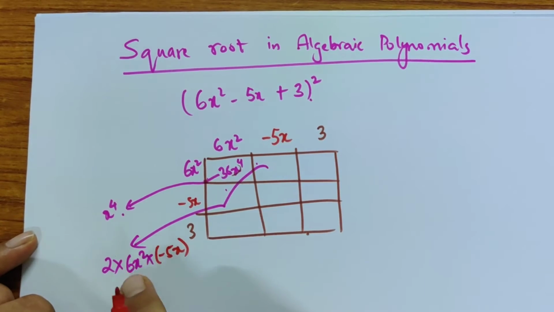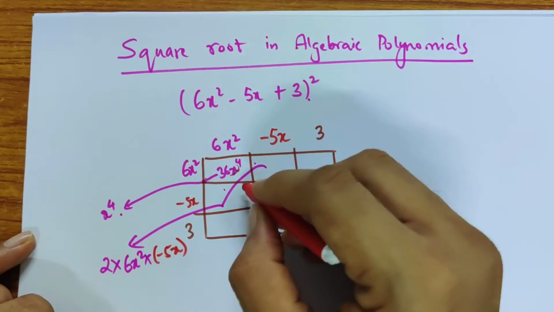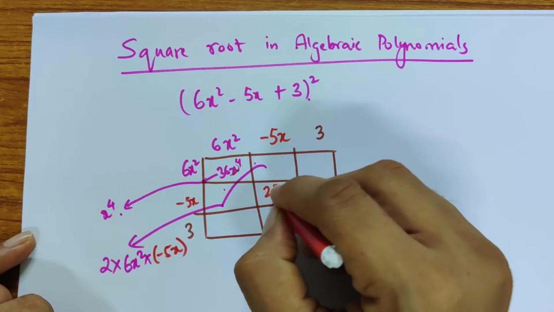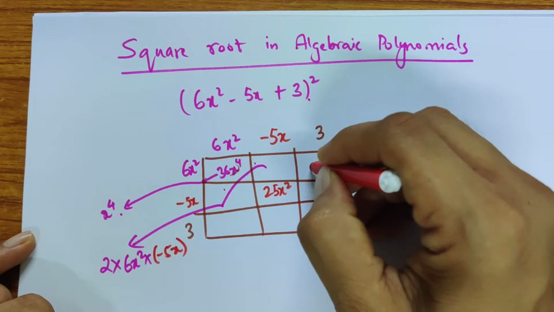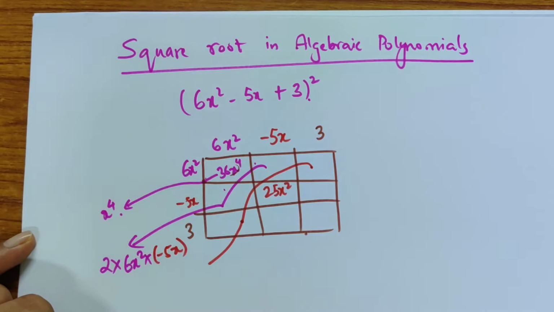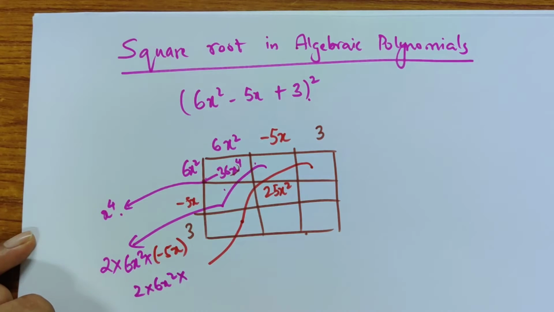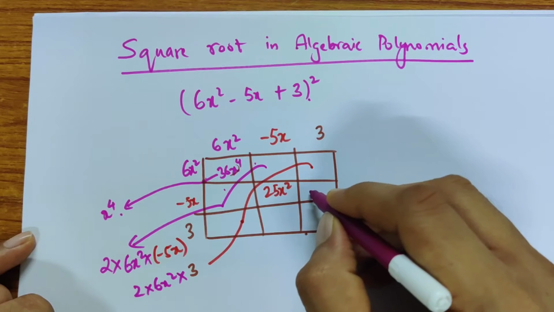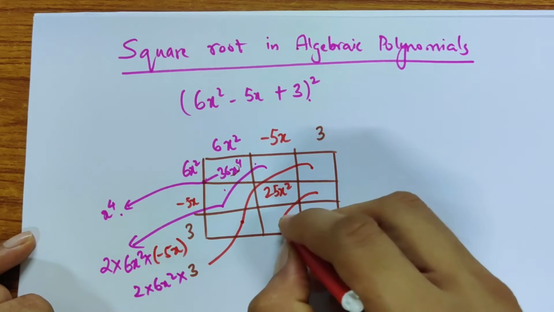So it has 2 times 6x squared, see that? And then of course you have the negative 5x, which is a 25x squared term, but this is not the only x squared term. You also have x squared terms from this and this, which is again 2 times 6x squared times 3, right? And then you have these two terms, negative 5x times 3 and 2 of those.